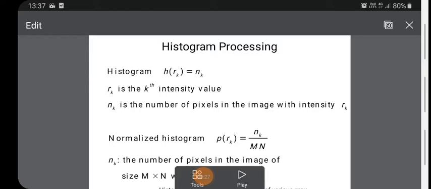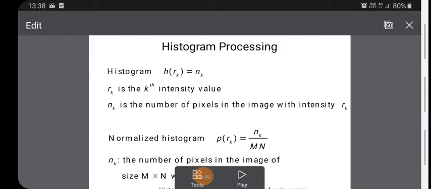If you are considering an 8-bit image, the possible gray level values are from 0 to 255. Why 255? Because 2 power 8 is 256, so we have the values from 0 to 255.